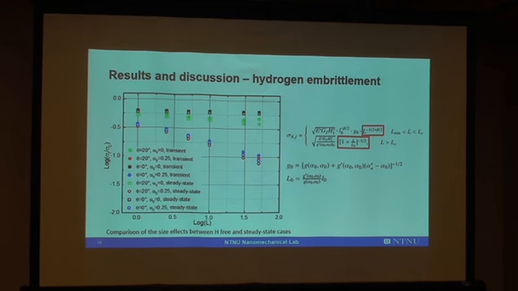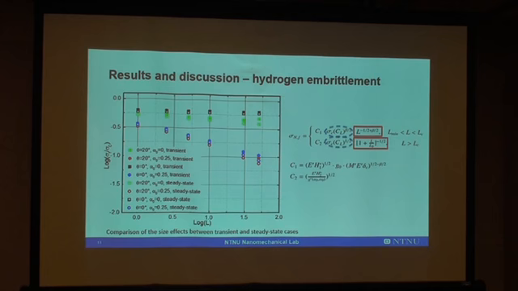So why is it? If we look into this equation, we'll see that with hydrogen embrittlement, not only the right region, but also the first item is variable, because this GF is related to the sigma C, which is now a function of hydrogen concentration. So we have to rewrite this equation in the following form.